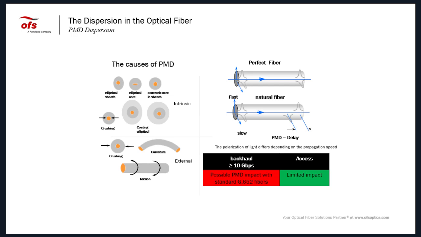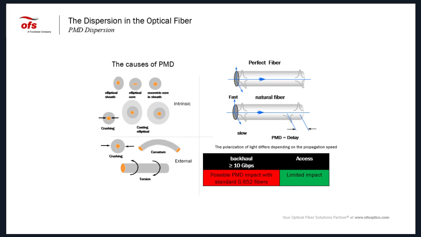It is composed of a horizontal part and a vertical part. If the fiber is perfect, the vertical and horizontal parts will arrive at the same time. If the fiber is not geometrically correct, there will be a delay between the horizontal and the vertical part, and this may lead to performance issues, attenuation, and loss of signal sometimes.